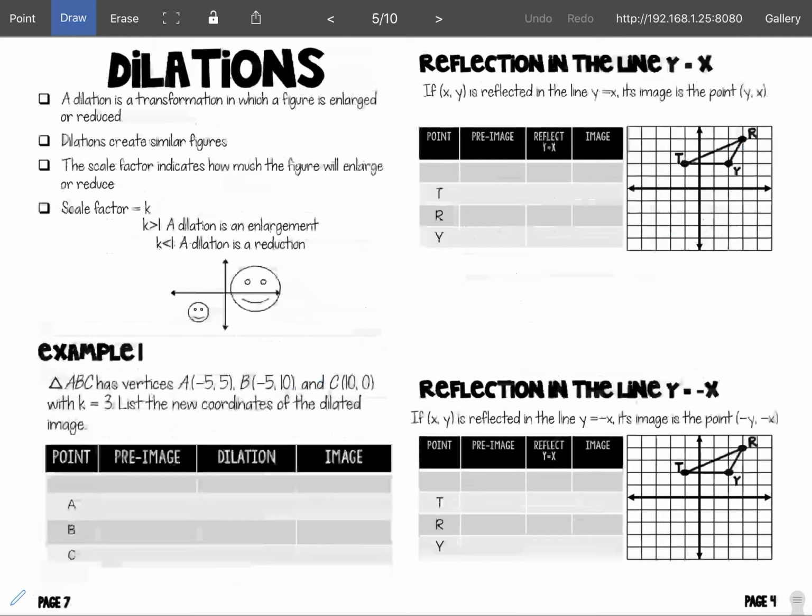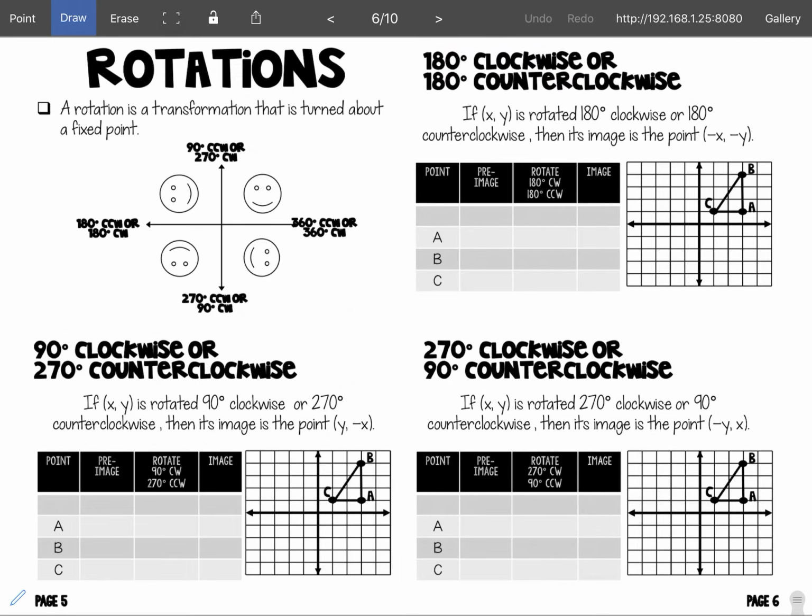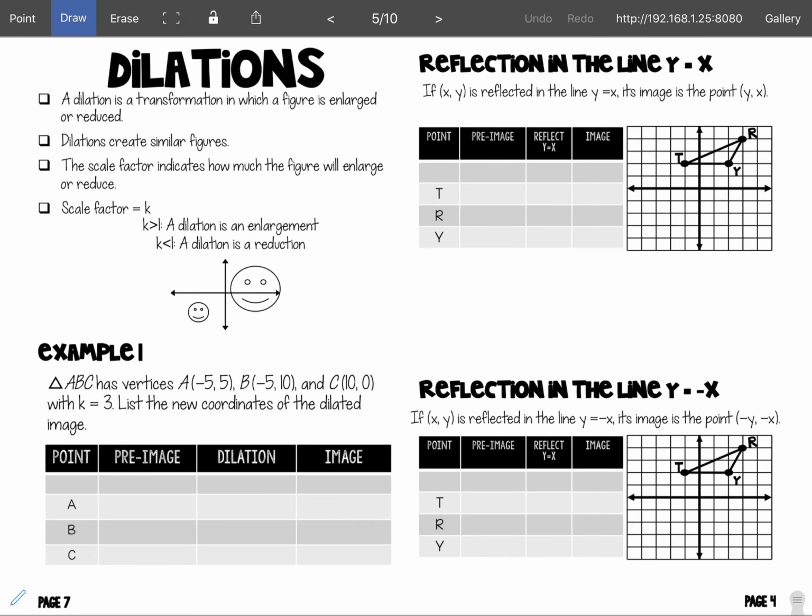Like right now, you guys are on reflections. You're on page 3 and 8, and I'm on page 7 and 4 on my iPad, so I cannot get this thing to match up. So somehow something's messed up. I just can't figure out what. I'm going to try to resync this thing again one more time.